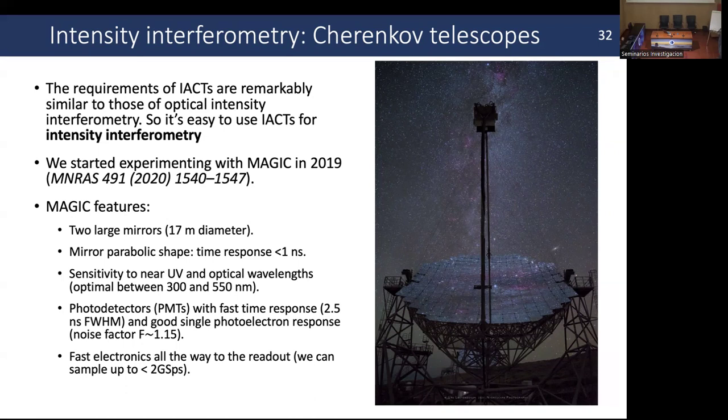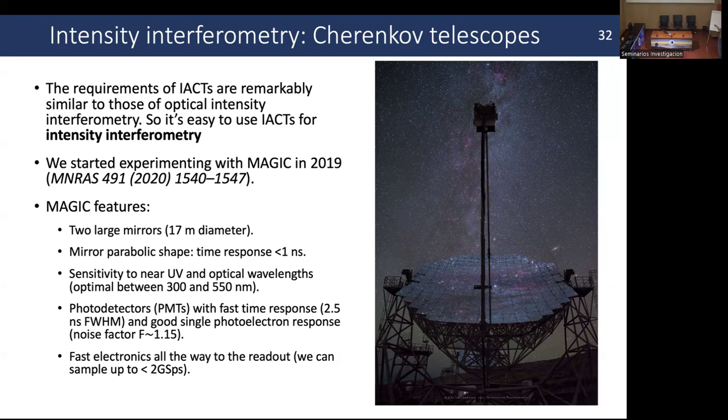They are sensitive to optical wavelengths because the Cherenkov light that we detect is blue or near UV. The photodetectors are fast, so you also have fast time response coming from the photodetectors. And actually the whole electronics is very fast. So 1 nanosecond is easy for these Cherenkov telescopes.